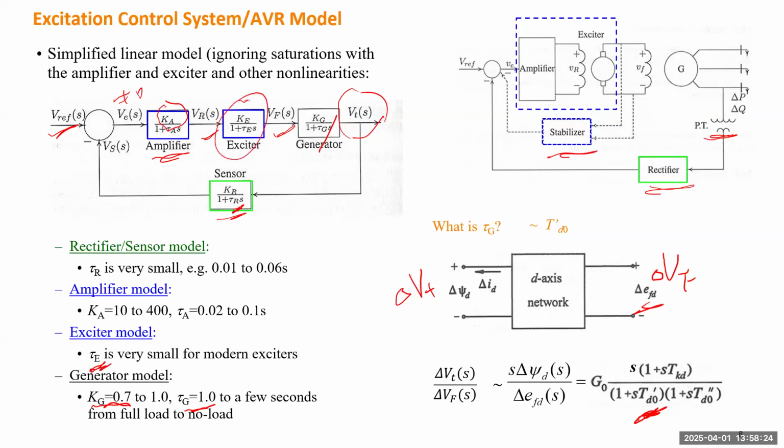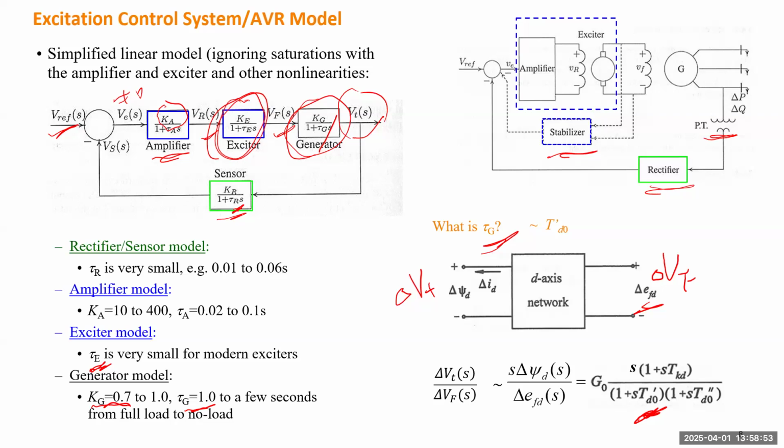So KE depends on the design of the exciter as a DC generator, and tau E is the time constant of the DC generator. Similarly to tau G, which is the total time constant of the synchronous generator. So this is also another generator, a DC generator, similar to our bigger synchronous generator.